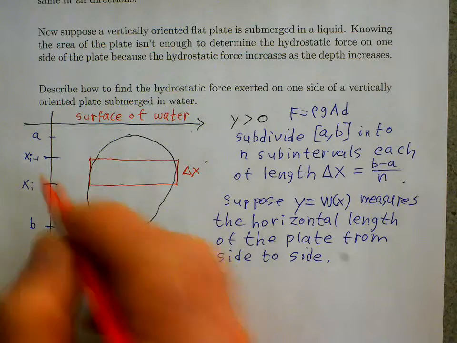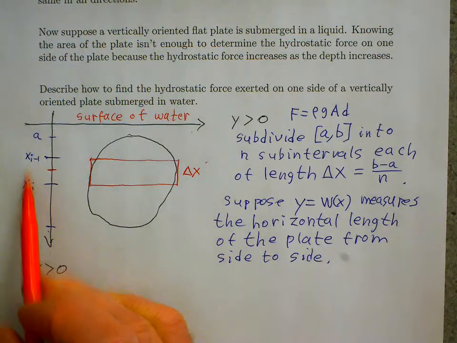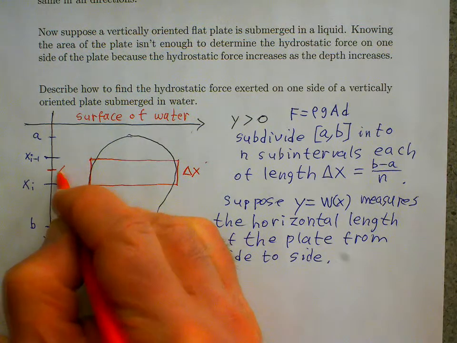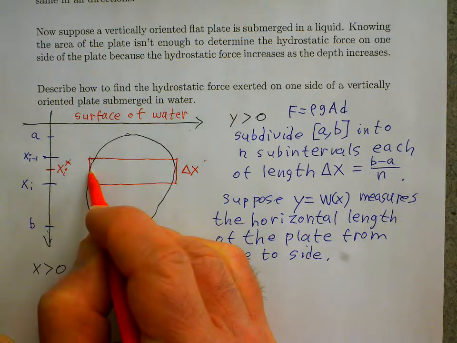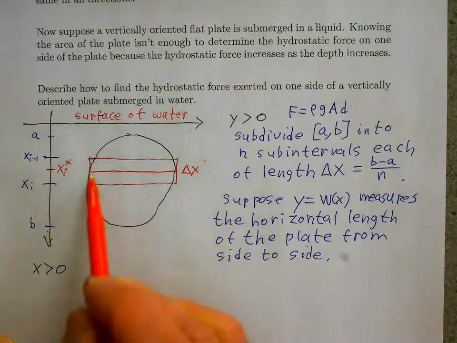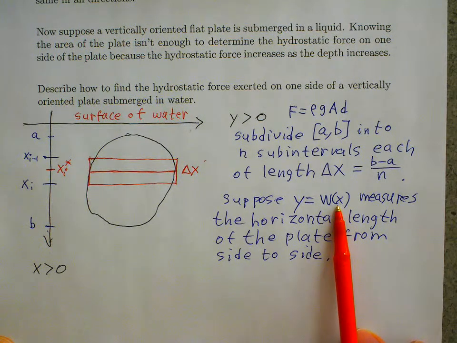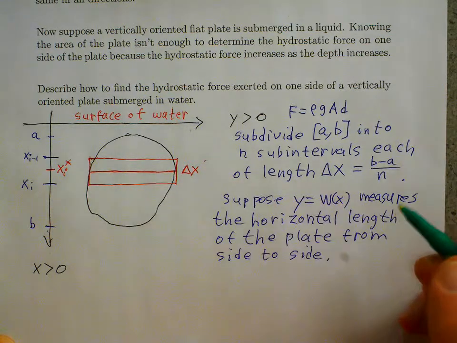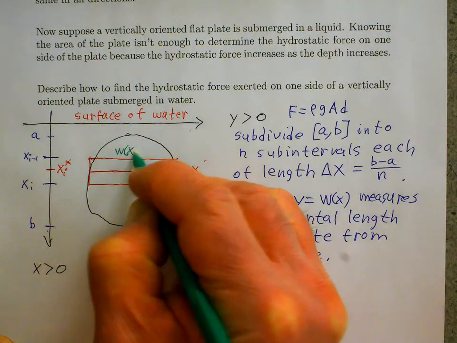Okay, so if I pick an x value between x sub i minus 1 and x sub i, and I'll call it x sub i star, then the length of this rectangle is w evaluated at x sub i star. So I'll label that here. This is w of x sub i star.